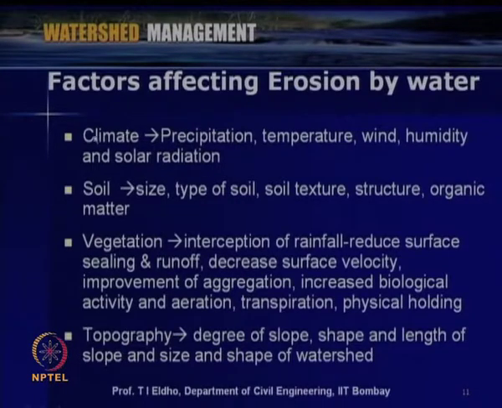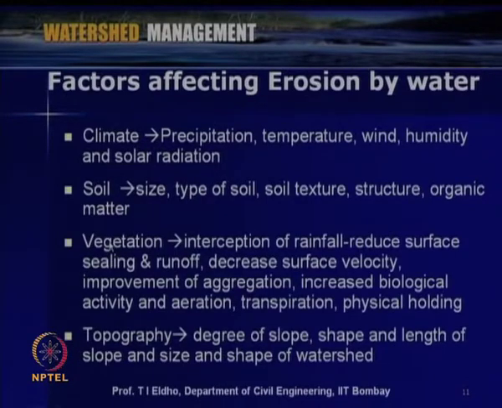The climatic factors mainly depend on precipitation. Then soil: size of the grain, type of soil, soil texture, structure, organic matter within the soil. Depending upon that, the water erosion will be more or less.